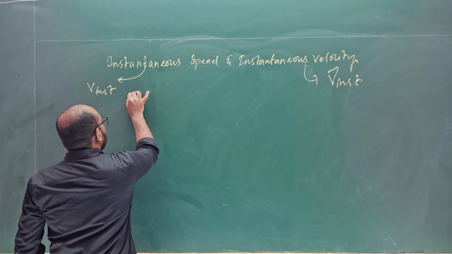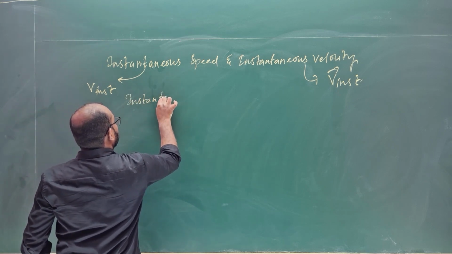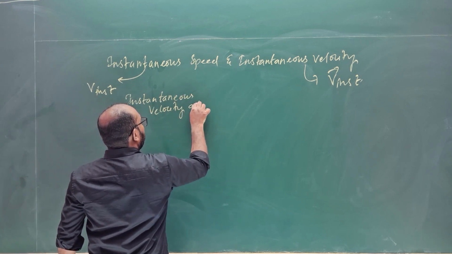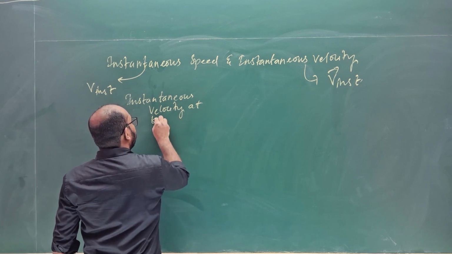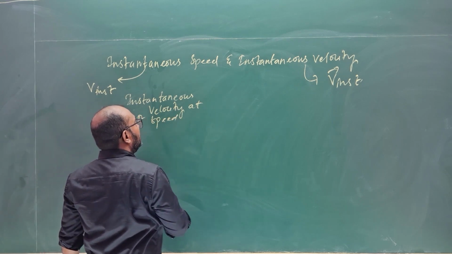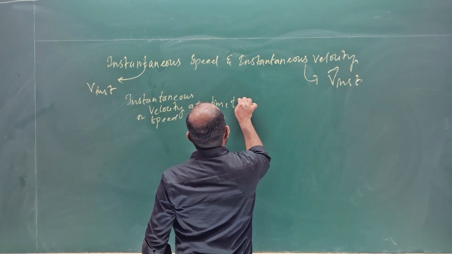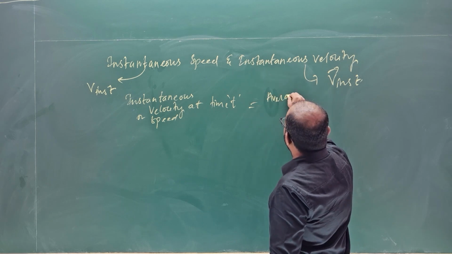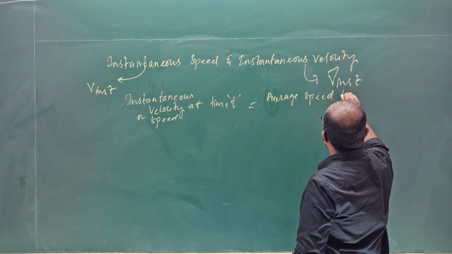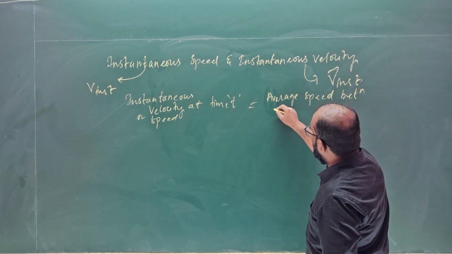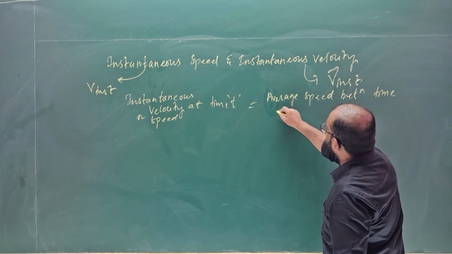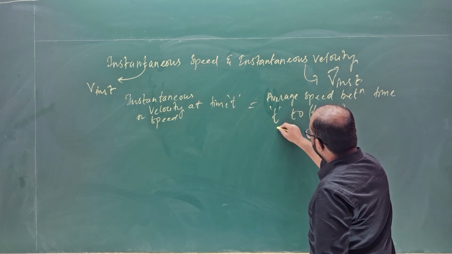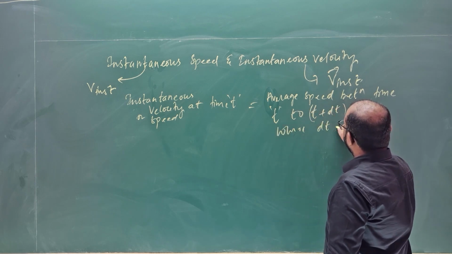Now, instantaneous velocity or speed at time t is equal to average speed between time t to t plus dt, where dt tends to 0.